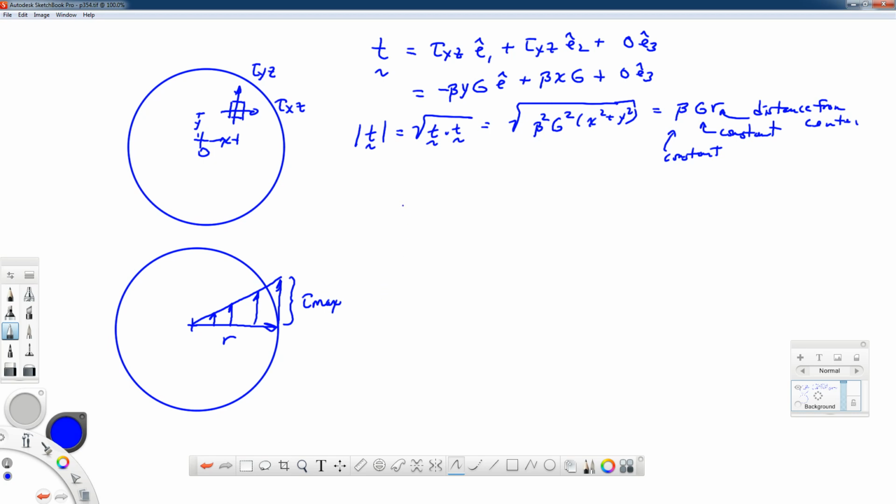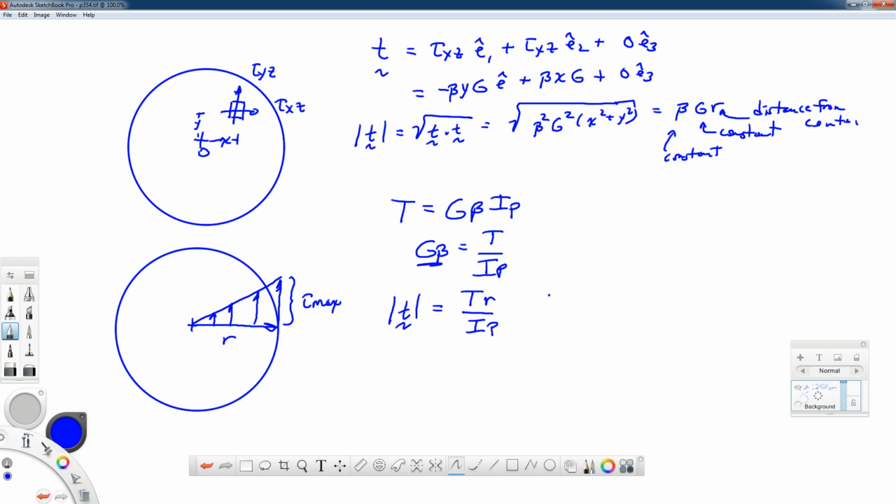Now if we recall that the torque we found was G times the twist rate times the polar moment of inertia, from this G beta is equal to T over the polar moment of inertia. Then the magnitude of the tractions inside the material is equal to torque times r. So G beta is equal to T over I sub P. Magnitude of the traction vector is equal to T r divided by I sub P.